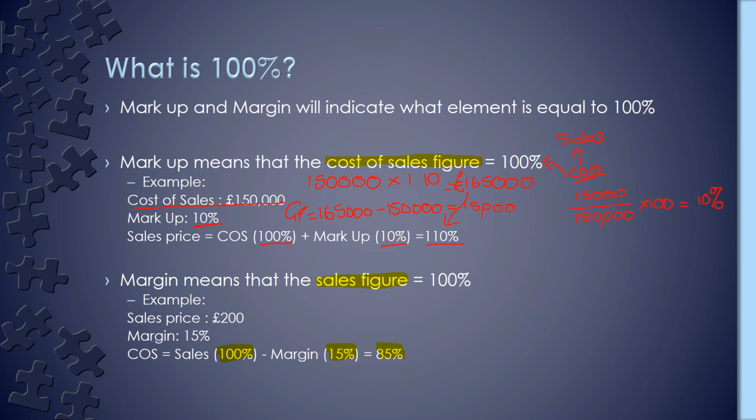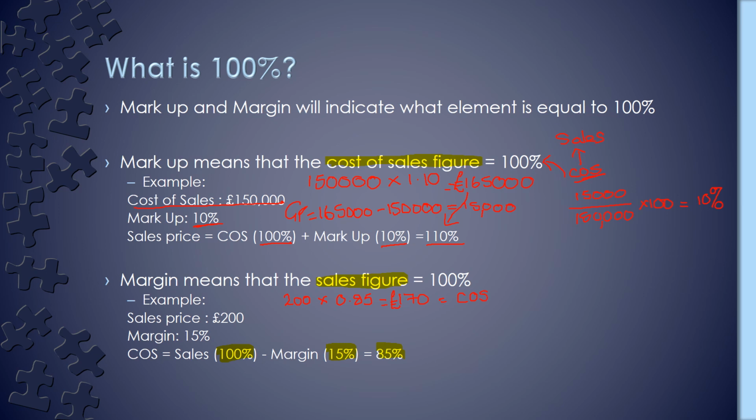So again, I'm going to work in decimals. You can, if you want, divide it by 100, times it by 85. So we've got 200 times that by 85%, which will give you 170. So that tells us then that this equals our cost of sales.